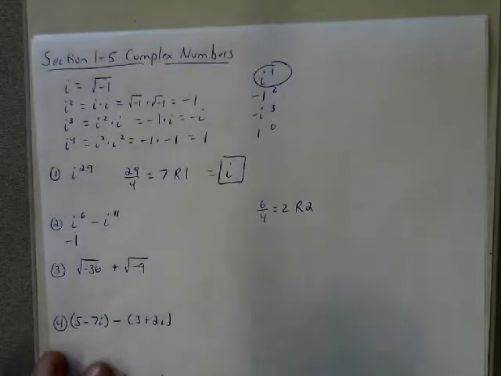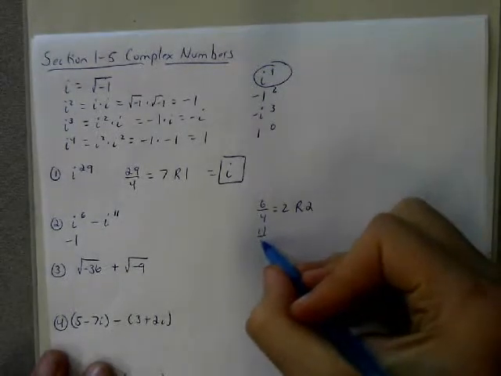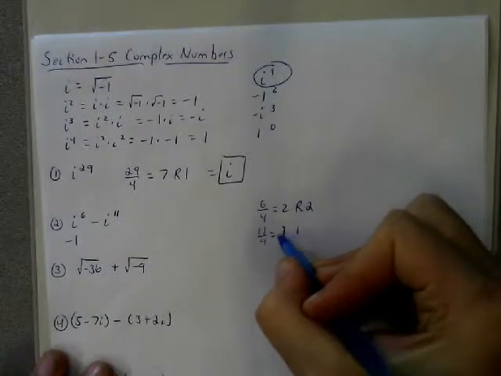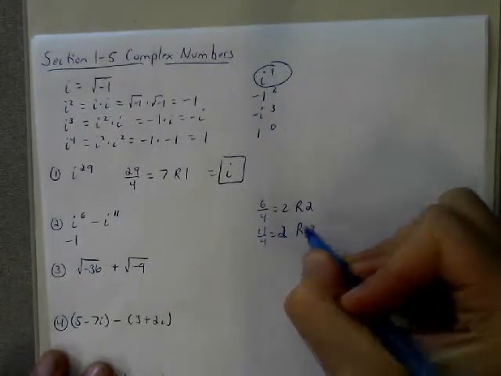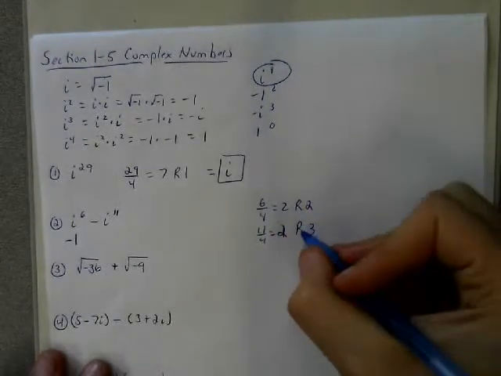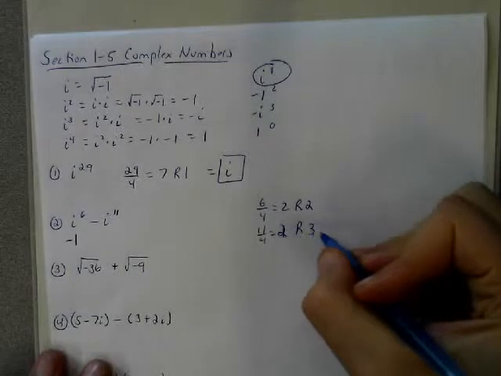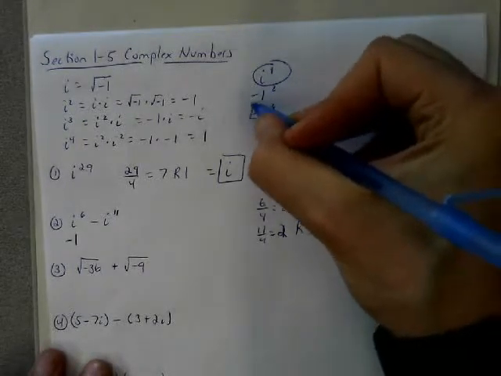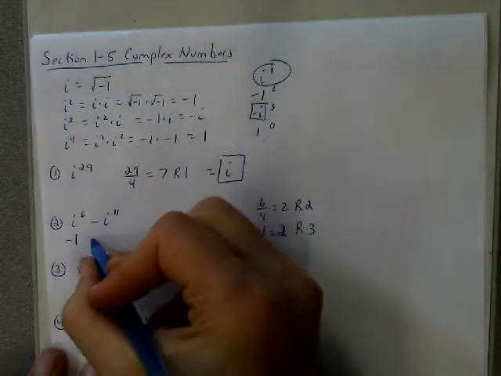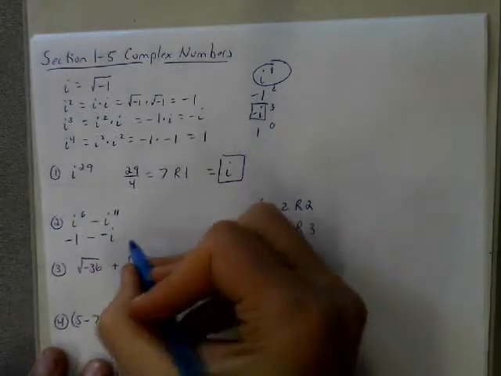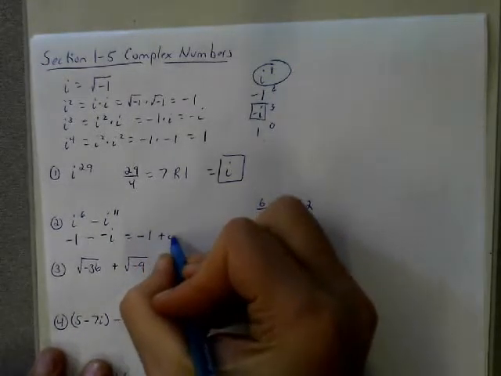The next one, i to the 11th, would be 11 divided by 4, which is 2, with a remainder of 3. Therefore, you come here, 1, 2, 3, this would be equal to negative i. So it's minus negative i, which therefore changes to negative 1 plus i.